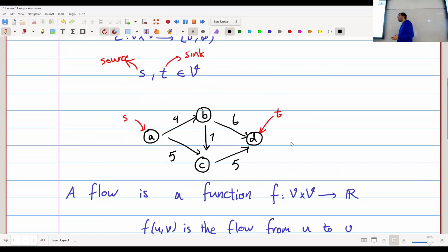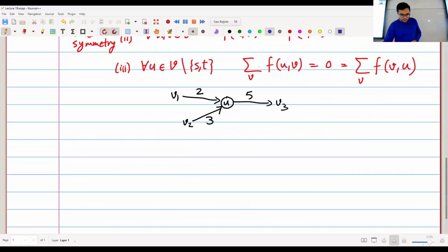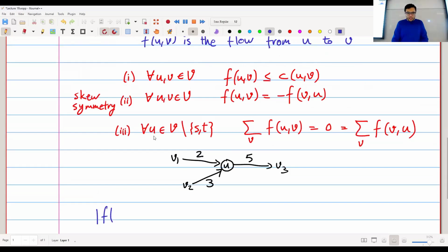So I have to somehow define what is the amount of water that this flow is sending. And I actually show that like this. I say that's the amount of the flow. So this is like the amount of water that is sent from the source to the sink. Okay, but what do I know? I know that for every vertex other than the source and the sink, the sum of the flows out of that vertex is 0.